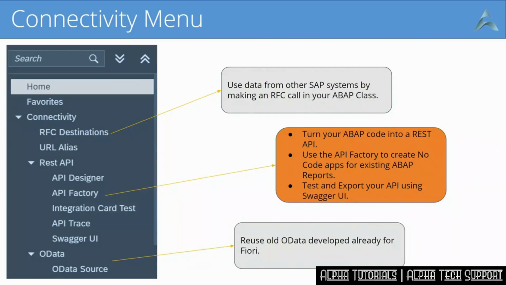And so really where you would use OData is if you've already got existing Fiori applications and you don't want to reinvent the wheel. You've already got OData out there. You want to use a Neptune app for something that you've already written OData for. Neptune understands that a lot of their customers are already invested in Fiori and they want to make the most of their existing investments. So they do also allow connectivity through OData.